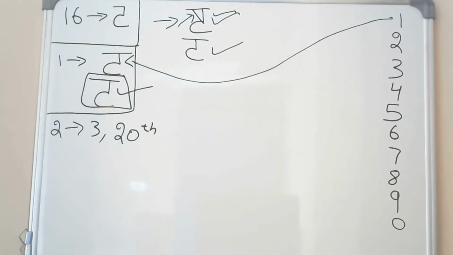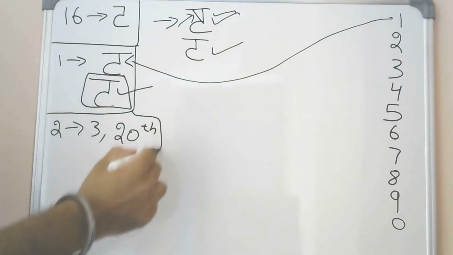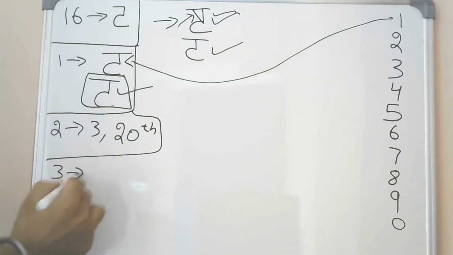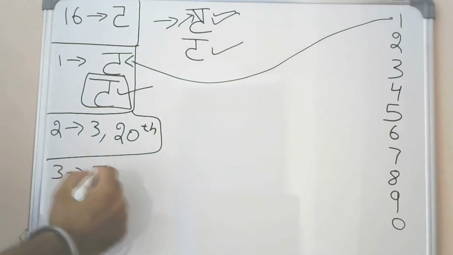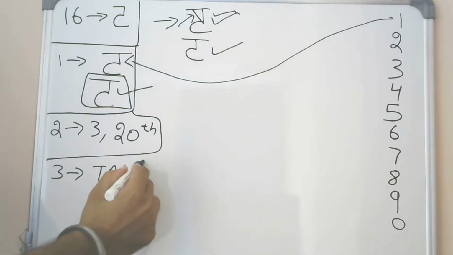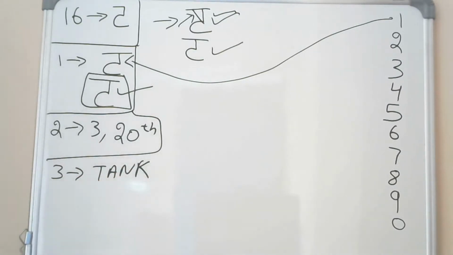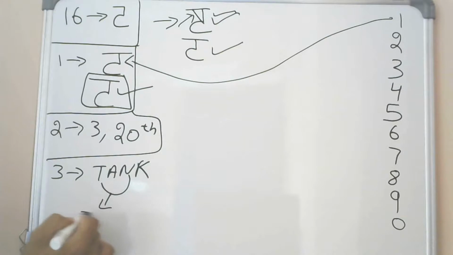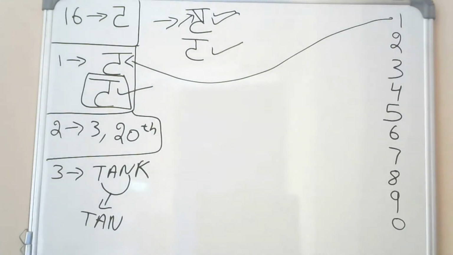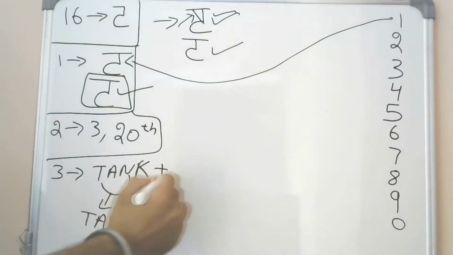Third step, pronunciation. Pronunciation is very easy for this letter. We will be using 2 words of English. The first word is tank. What I'm going to do is get this sound, tang, and the second word that I will use is car.